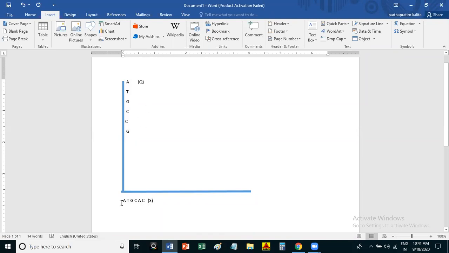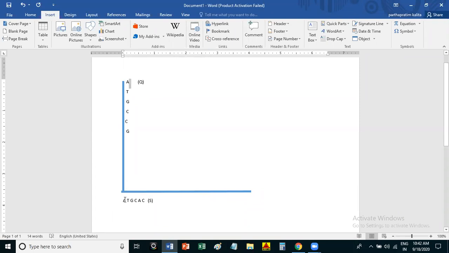Now the comparison will start from the first position, number one position. Sometimes it may not start from number one position, there are some rules also, but we will see from number one position. In number one position in query there is an adenine, and in subject also there is adenine.